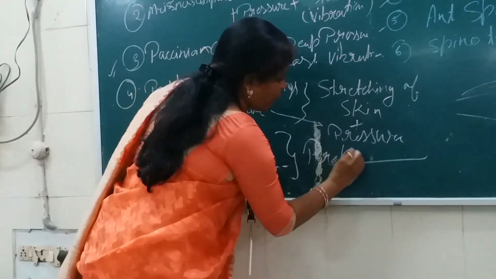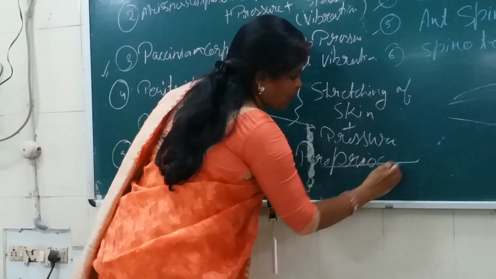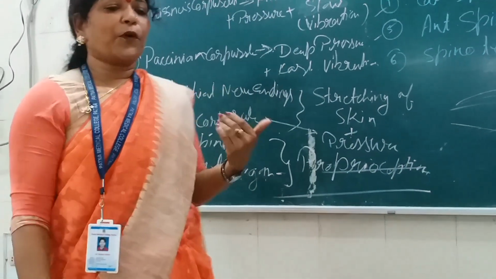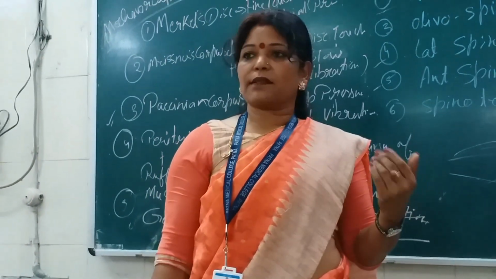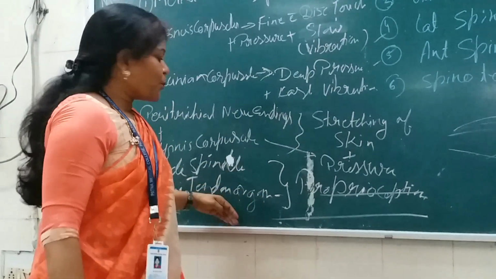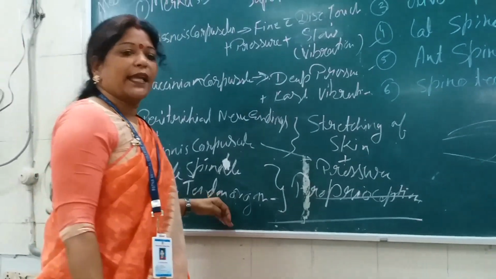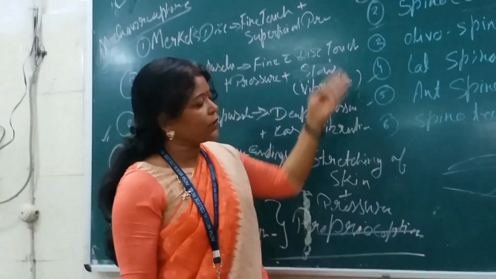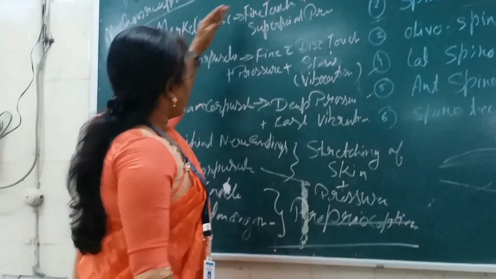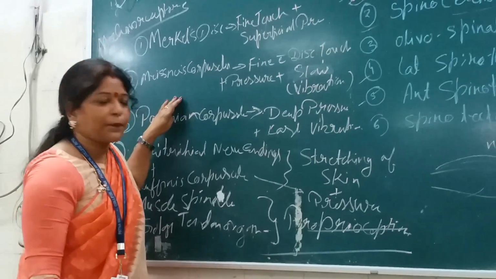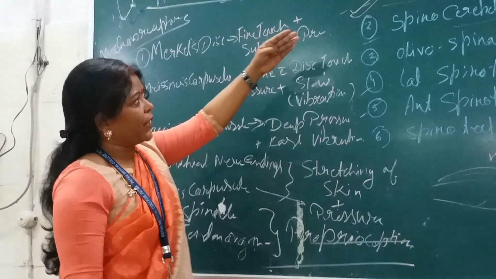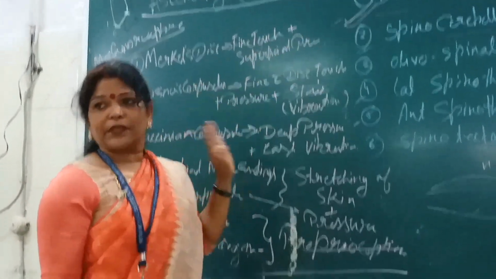That is the proprioception, the sense of position coming from the muscles, the joints and the ligaments. And through this pathway, these proprioceptive impulses reach the conscious level, because through this pathway it will go up to the cortical area. Okay, so these were some important receptors and the corresponding sensations carried by this dorsal column medial lemniscus pathway.